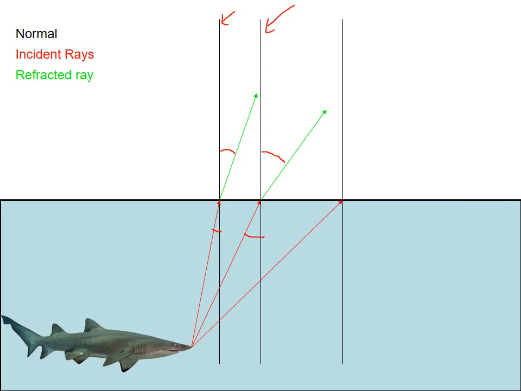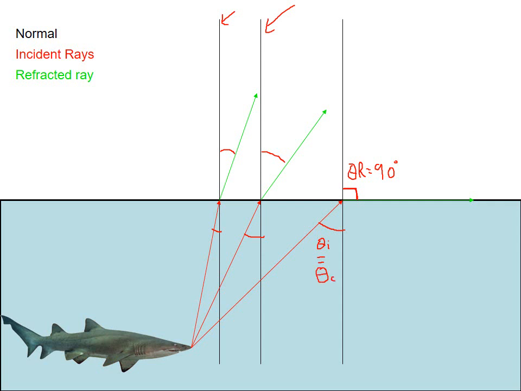I'm moving farther and farther away from the normal. Eventually, I get to an angle where I'm 90 degrees from the normal. This angle of incidence, where my angle of refraction is equal to 90 degrees, where the light ray just rides along the surface of the water or the medium, the interface of the medium, is called the critical angle, represented as theta c.